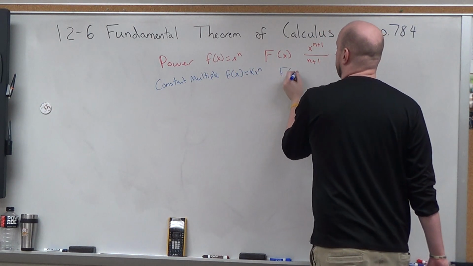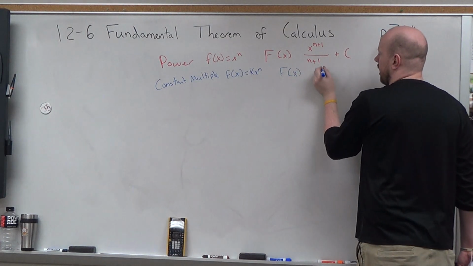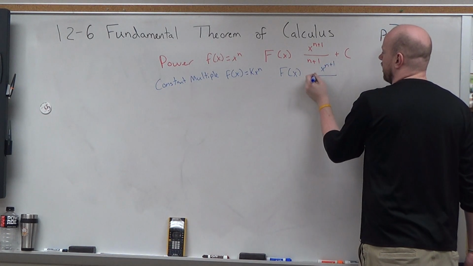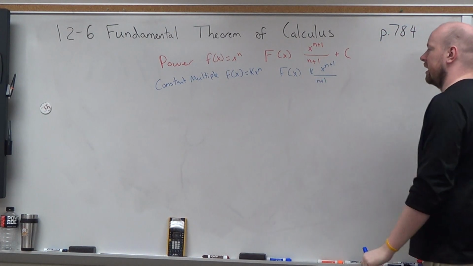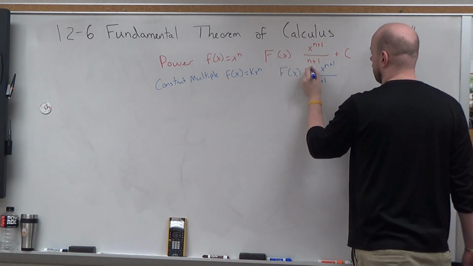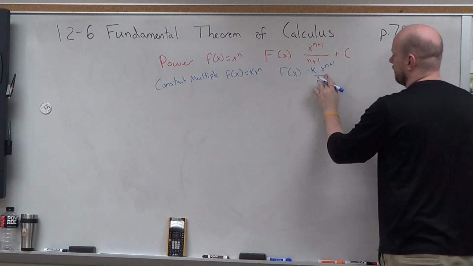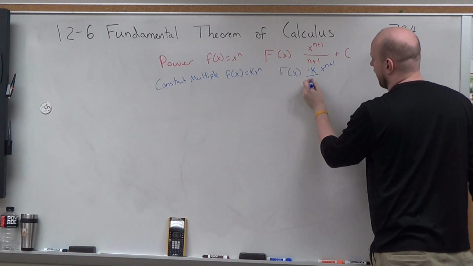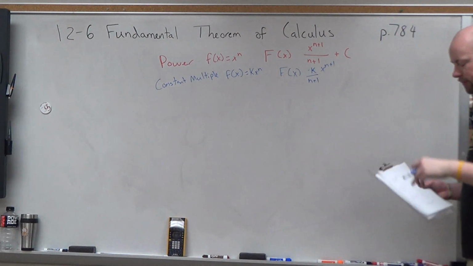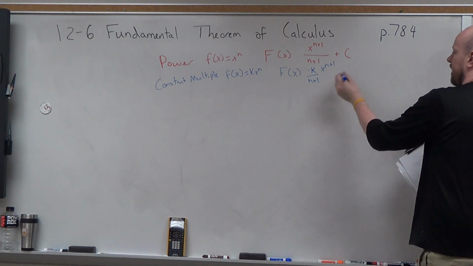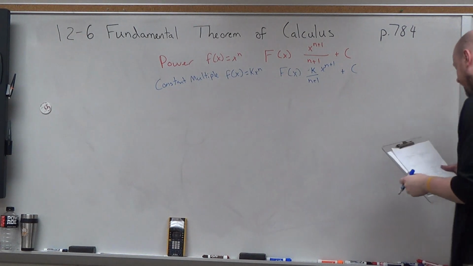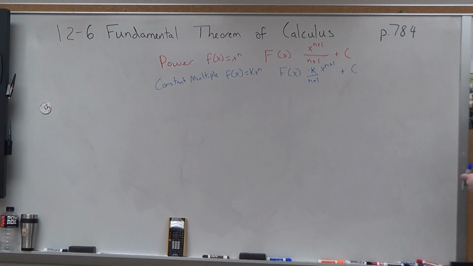My antiderivative would still be x to the n plus 1 over n plus 1, and my k would just be out there as well. But typically you would just end up doing k divided by n plus 1. So just having a constant out in front doesn't affect anything, and then of course you have a plus c, plus capital C.